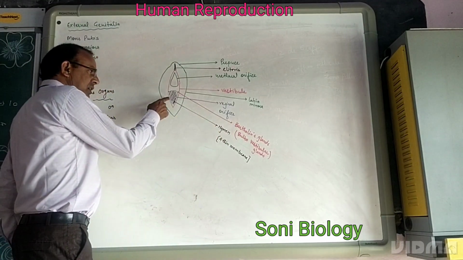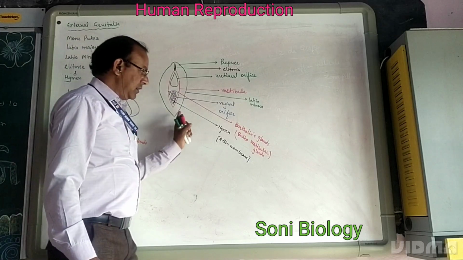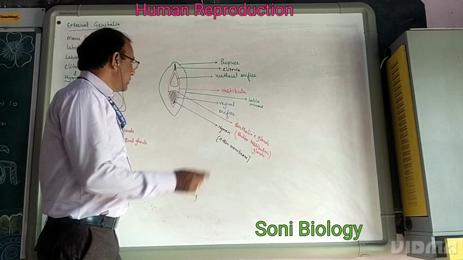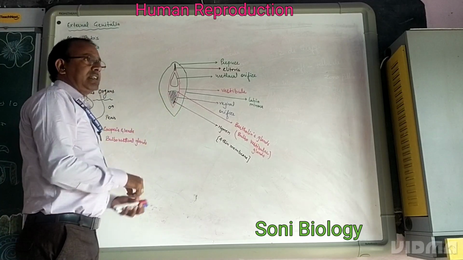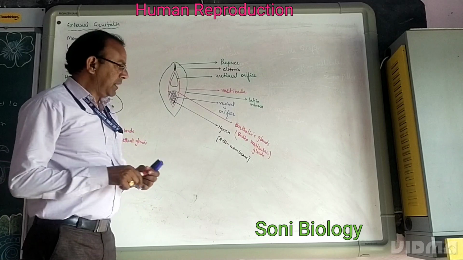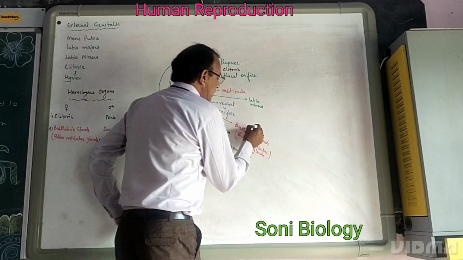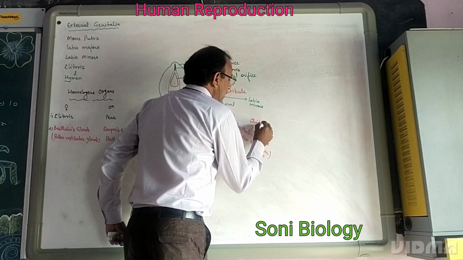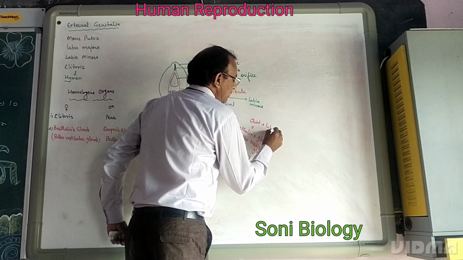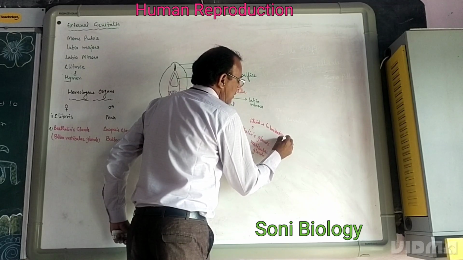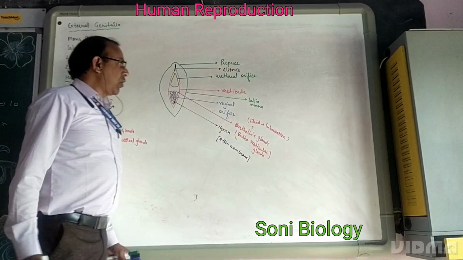The vaginal orifice is covered with a thin membrane called hymen. Just near the vaginal orifice, a pair of glands known as Bartholin gland is present. This Bartholin gland secretes fluid which helps in lubrication before copulation.